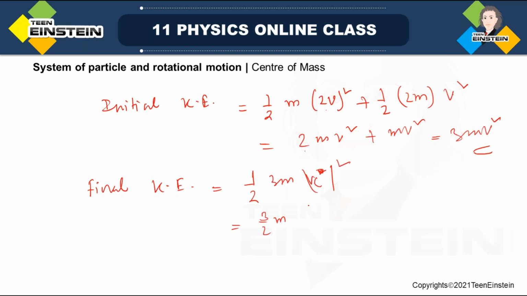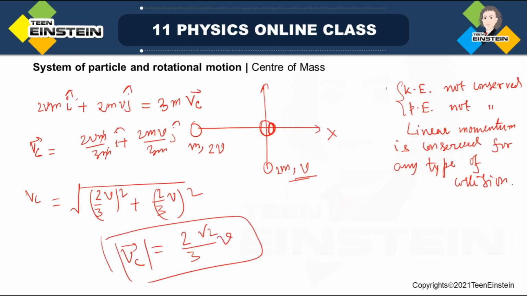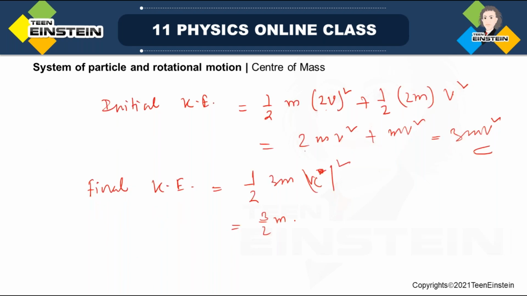So 3 by 2 m, where vc is 2 root 2 v by 3, squared.